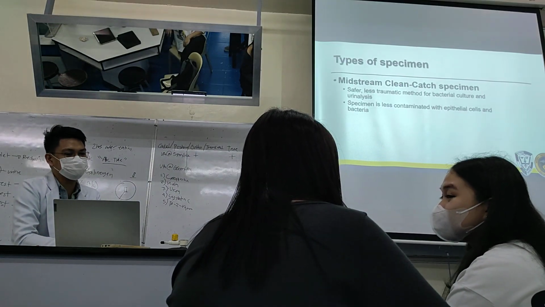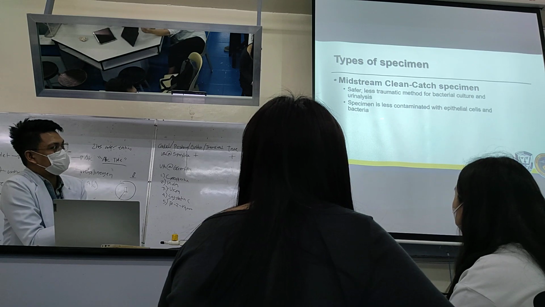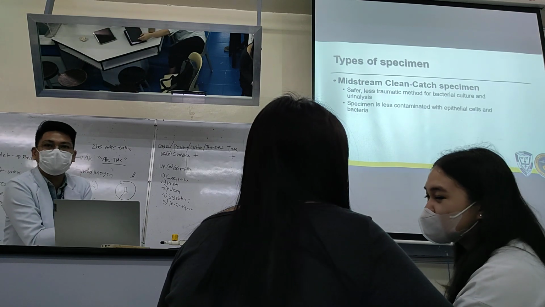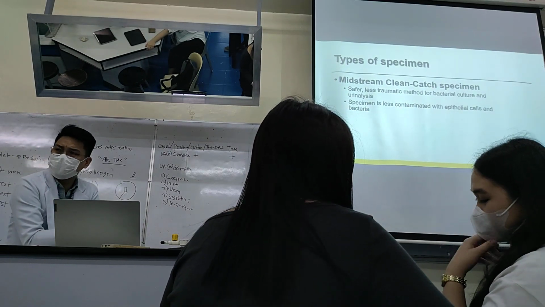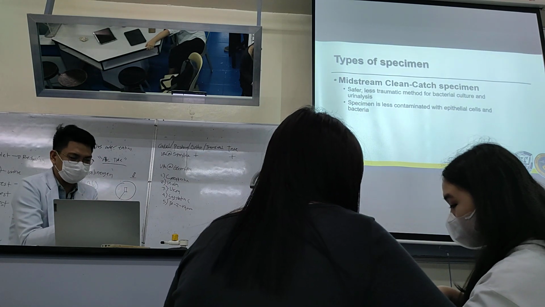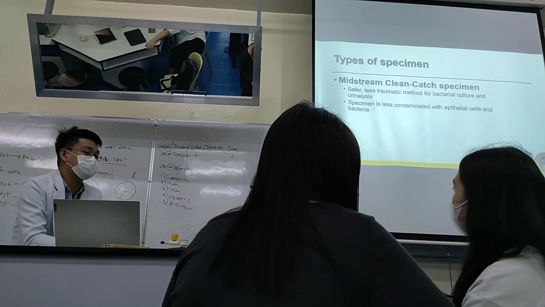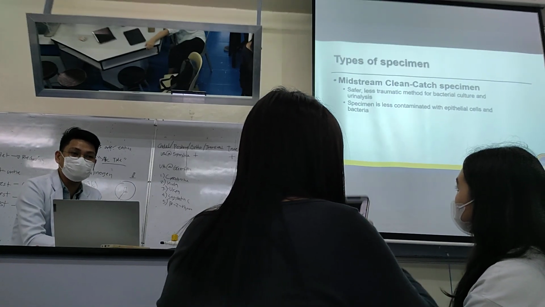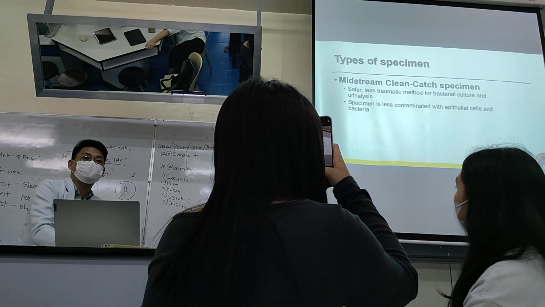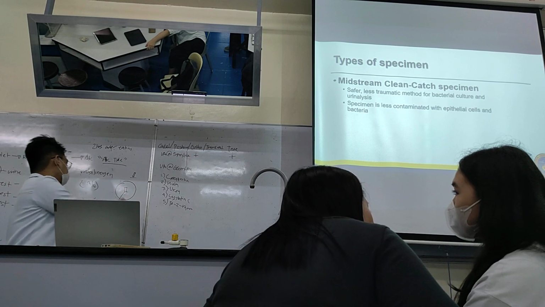Next, we also have your midstream clean catch. The advantage is that it is less contaminated with epithelial cells and bacteria. Where specifically in your urinalysis would this be a problem? In the microscopic, the same principle.